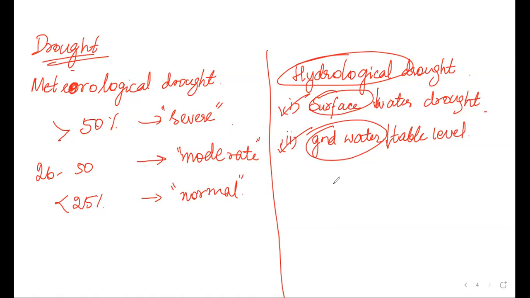Naturally, your agriculture is going to be affected, and that is called agricultural drought. Why does this happen? Because of inadequate rainfall. The effect is that agriculture is affected, which is why we call it an agricultural drought.